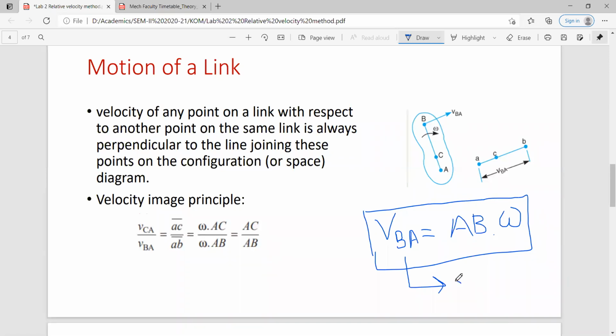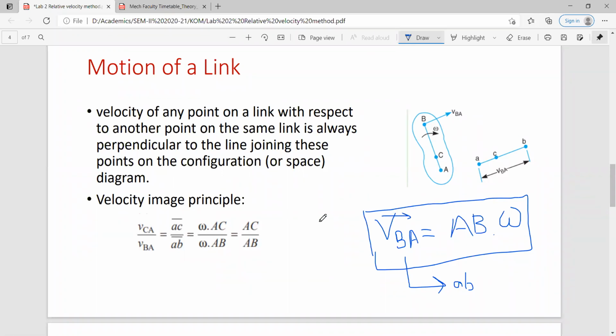Like the name of this vector will be small ab. It suggests that this particular vector will start from point A, small point A, and terminate at point B. Okay. So labeling is also important thing for the vector.